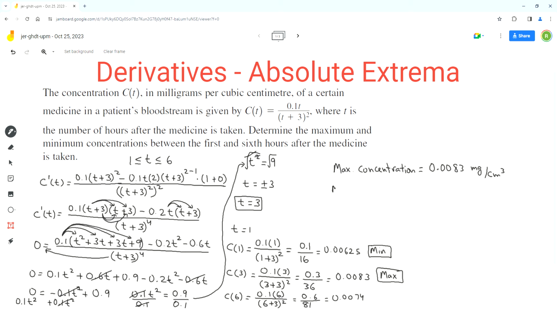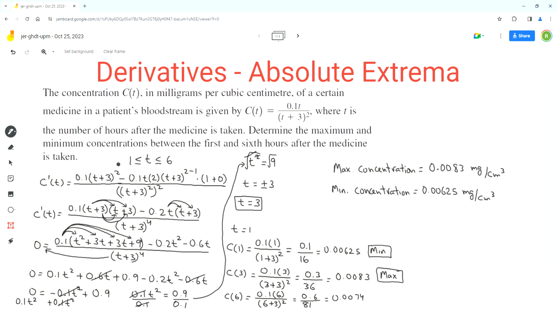And then the minimum concentration is 0.00625, and again the same unit, milligram over centimeter cube. So this should be the final answer for this problem.